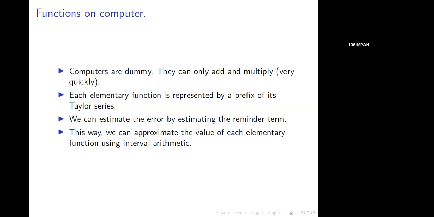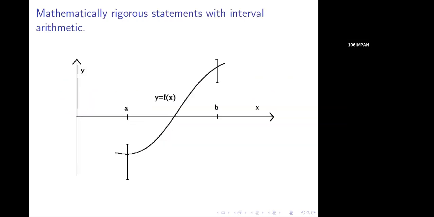So we can approximate elementary functions, and this way we can actually start to make some mathematically rigorous statements using computers.